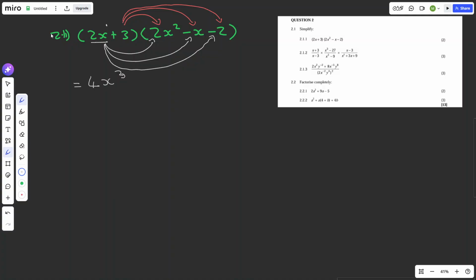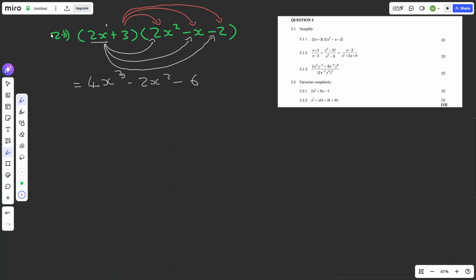So next one is taking 2x multiplying by minus x. So that's going to be minus 2x squared. And then next one, 3 times minus 2. That gives you minus 6. Then lastly, let's go to the next one.